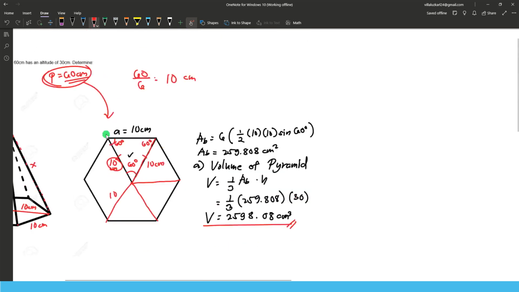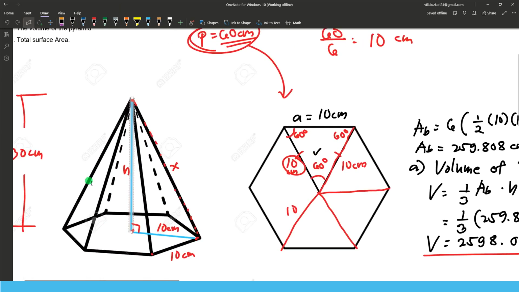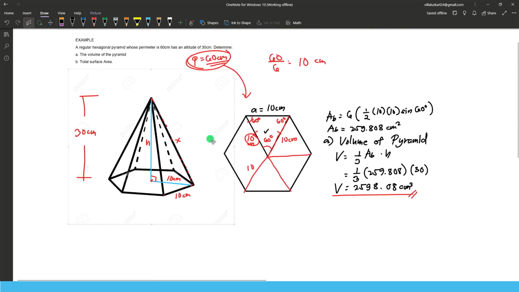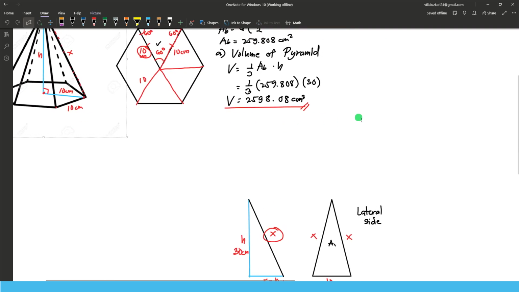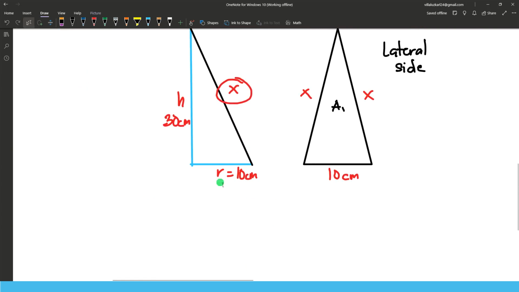So let's focus first on this triangle here, the right triangle.